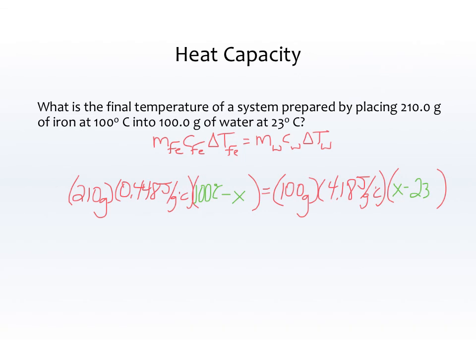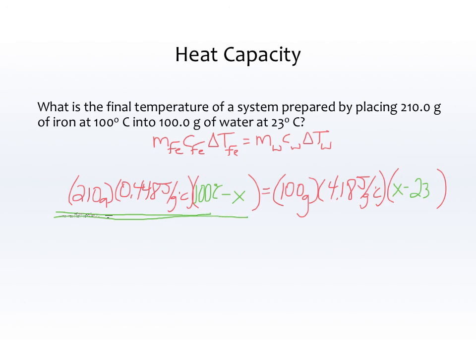Okay, now all we have to do is solve for x. So the first thing I'm going to do is multiply 210 times 0.448 times 100, and then 210 times 0.448 times negative x.